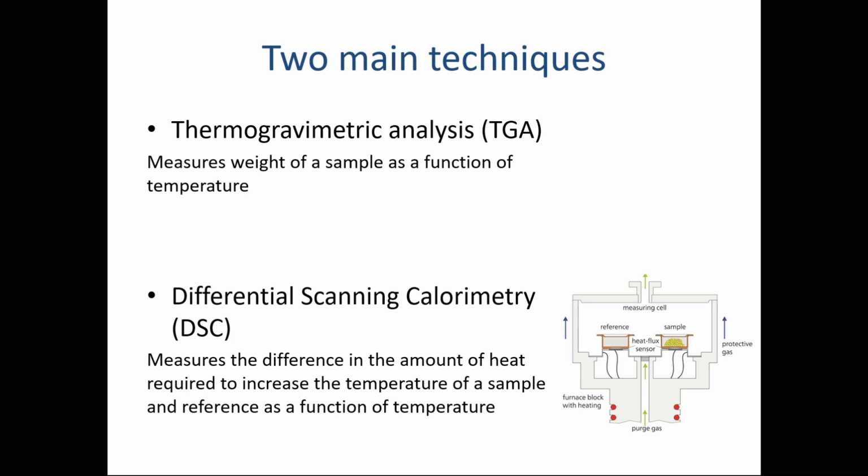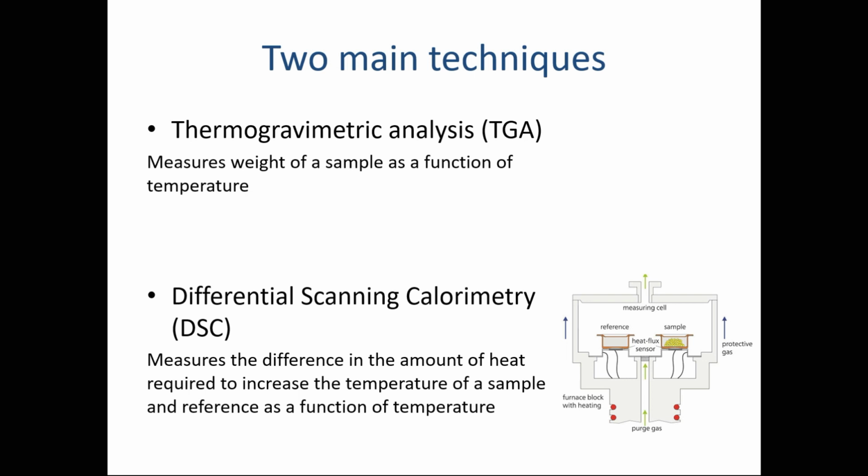Then you set up the heating regime where you increase temperature in a controlled fashion, at a controlled speed, and then you measure how the sample weight changes as a function of temperature. So when your sample starts losing weight, you will see it on the TGA curve.